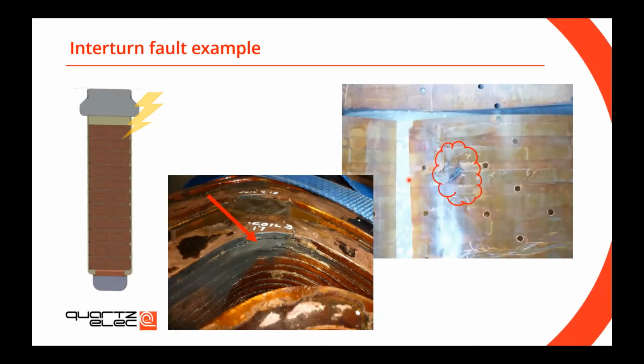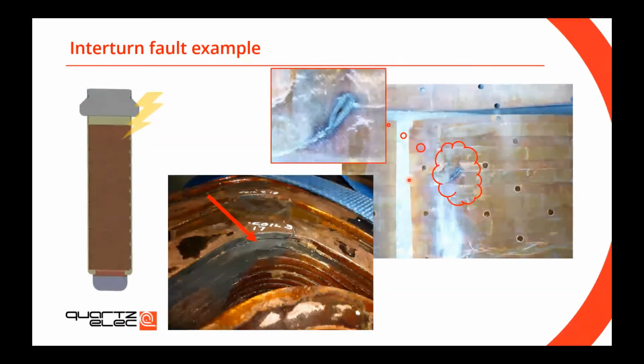So this is the consequence of the interturn fault present in the top turns. The picture here shows the retaining ring insulation, because we need to remember that on top of the overhang you will have retaining rings, which are separated by retaining ring insulation. And in here you can see a hole burned through the retaining ring insulation, causing an earth fault.